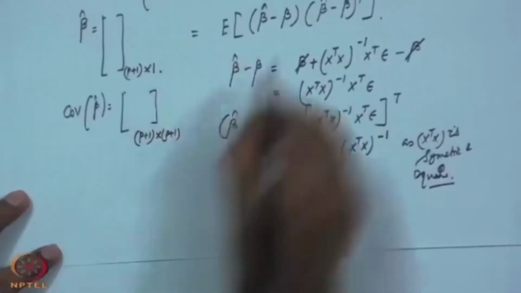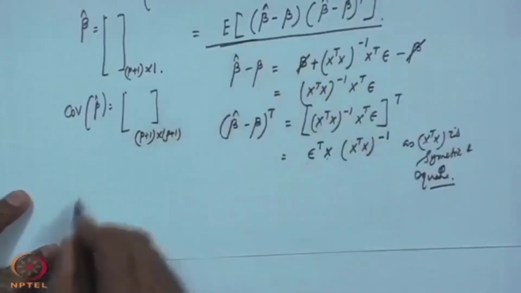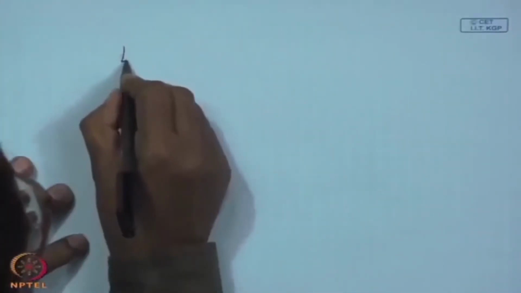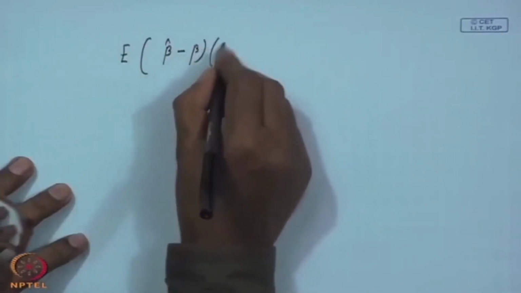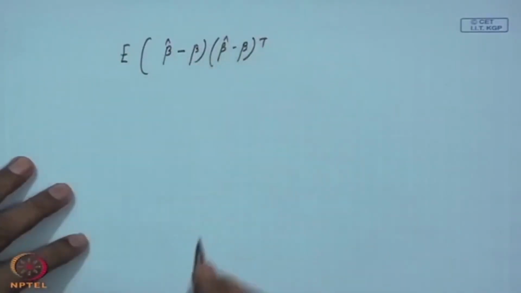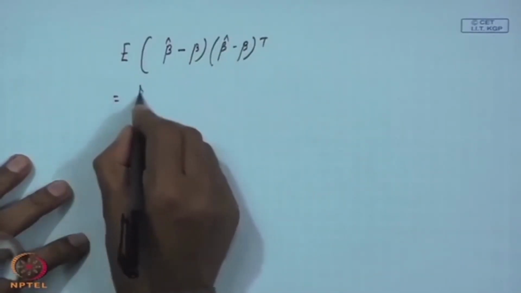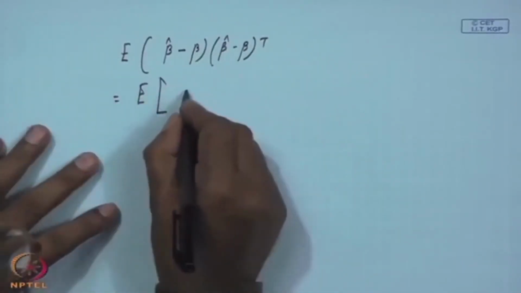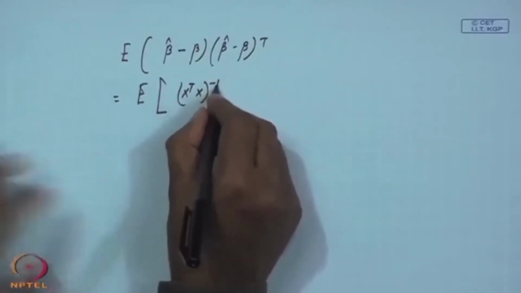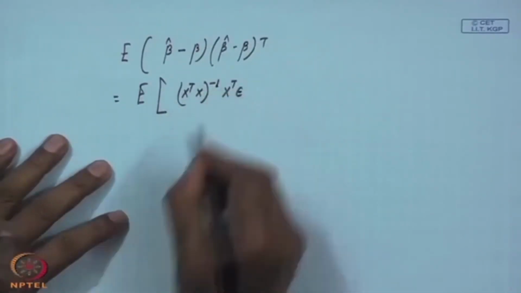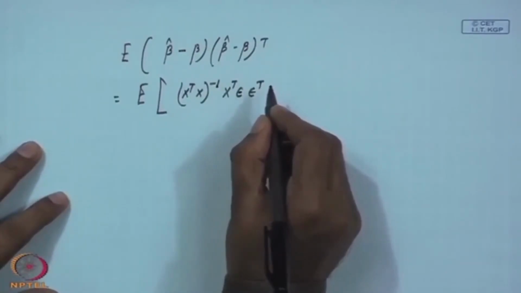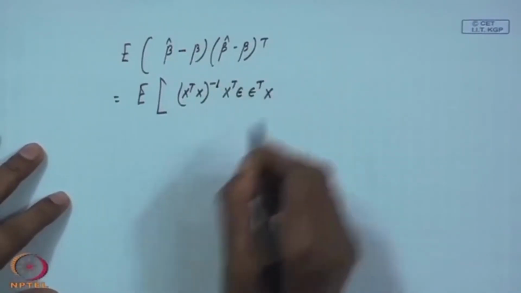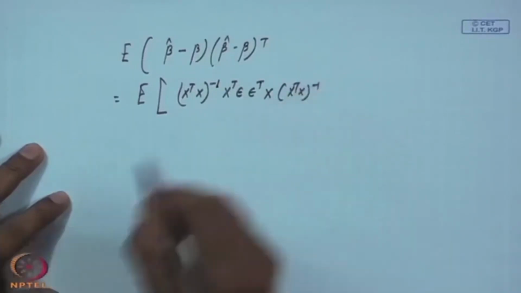Now if we use the expectation operator here, we can take one more page. So, the expected value of (beta cap minus beta)(beta cap minus beta) transpose is nothing but the expected value of (X transpose X) inverse X transpose epsilon, times epsilon transpose X (X transpose X) inverse.